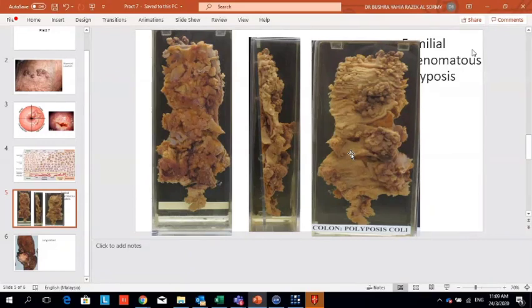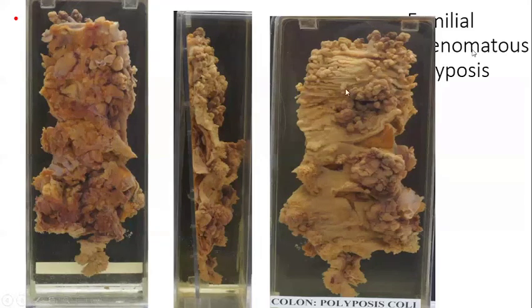For that one, you mentioned pedunculated. What does pedunculated or sessile mean? Pedunculated, we say they have a neck. See? They have a neck.